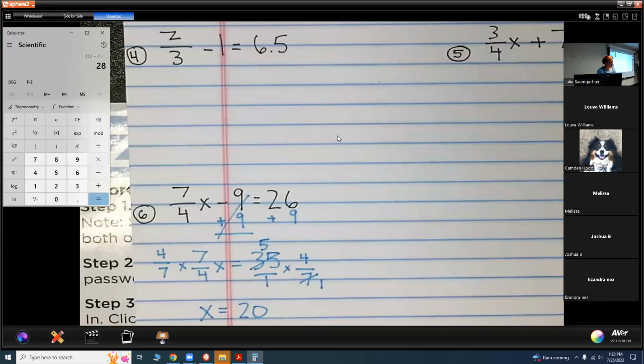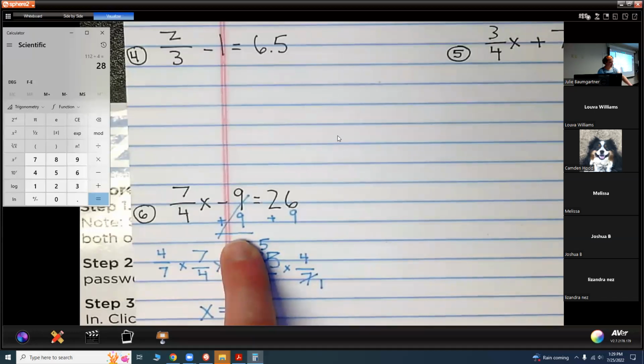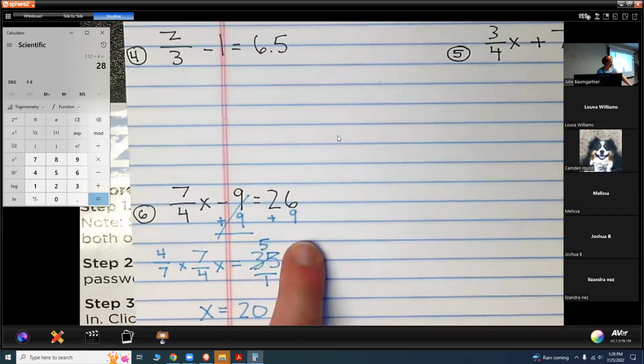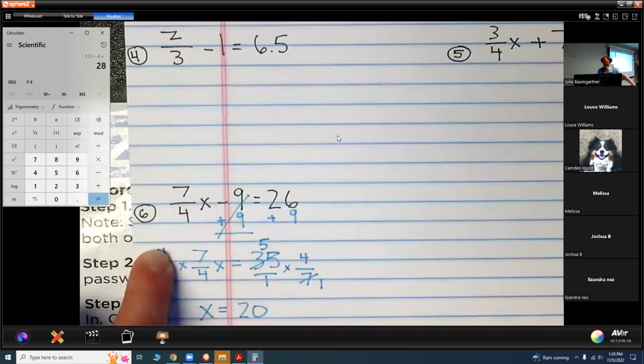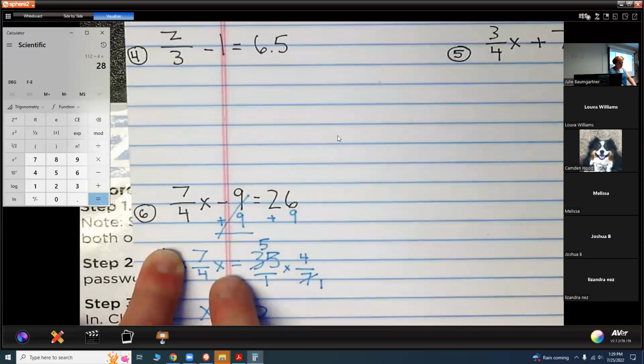All right, go ahead and try those other 4. So always start with whatever's being added or subtracted. Add or subtract from both sides, and then you look at whether x is being multiplied or being divided.